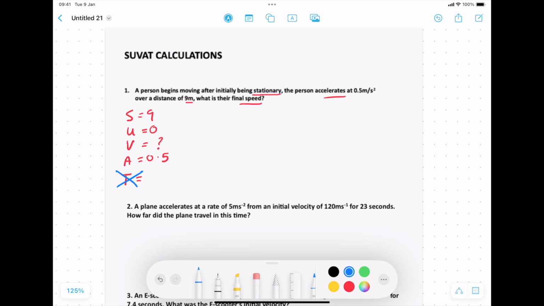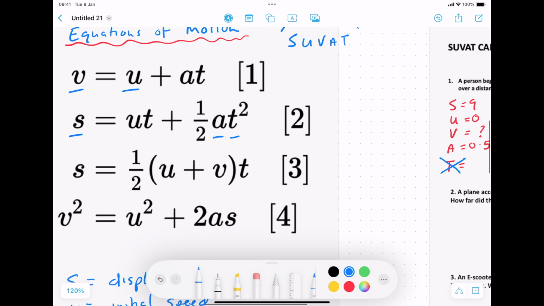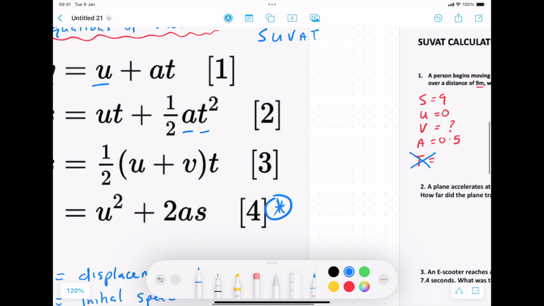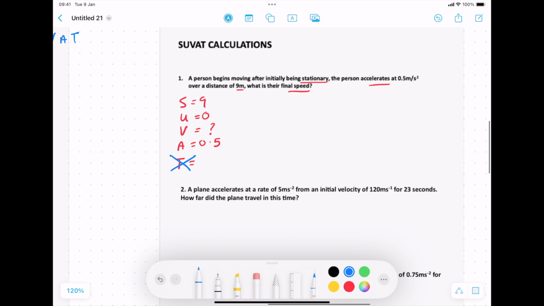So just to go back, and by the way, I've attached the equations of motion as a PDF below this video, should you need them. If we go back, the equation we need, which has S, A, V, and U, is number 4. So that's the one I'm going to use. So let's plug the numbers in. V squared minus U squared equals 2AS.